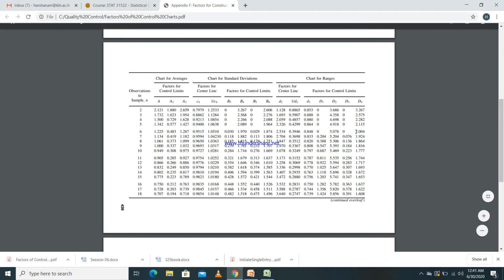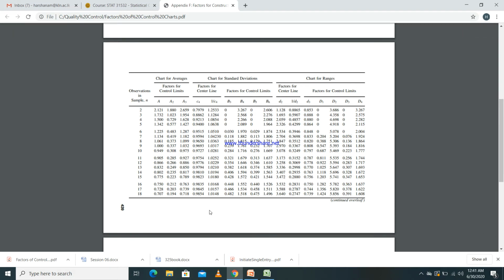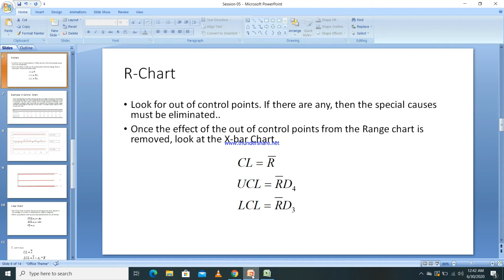So this table is known as the factors for constructing variable control charts in the field of statistical quality control. Since we are interested in constructing the R chart, we want the D4 and D3 values. So we can read D4 and D3 from the table and construct our R chart, right?